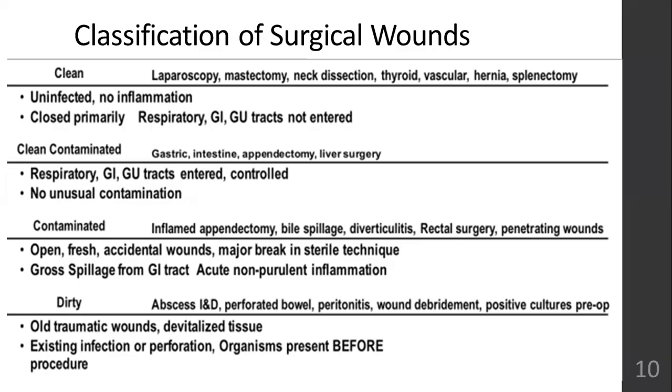And then we have clean contaminated. Again, this could be a surgical incision, but the incision was done in certain organs which already carry some microbes, like your stomach, your intestine, your appendix, liver. Some microorganisms do stay here already.